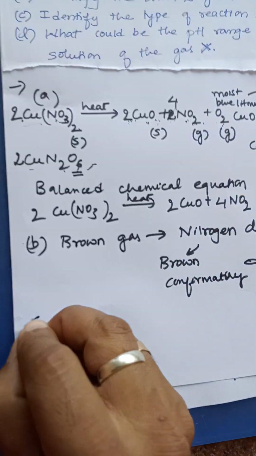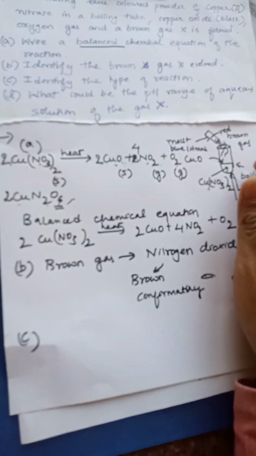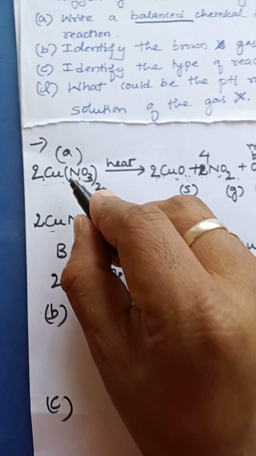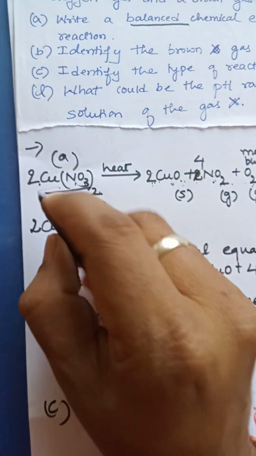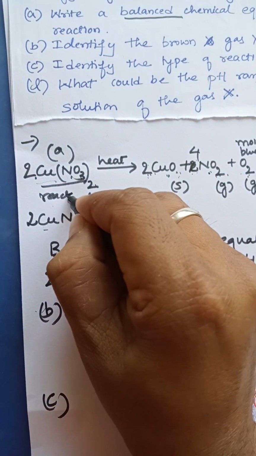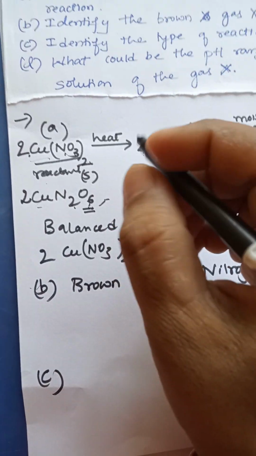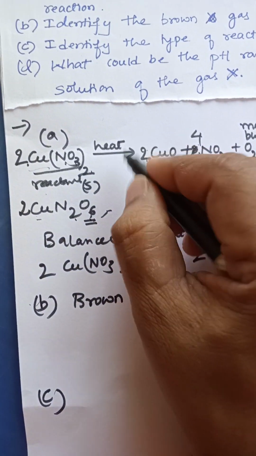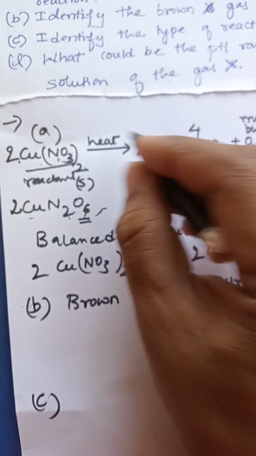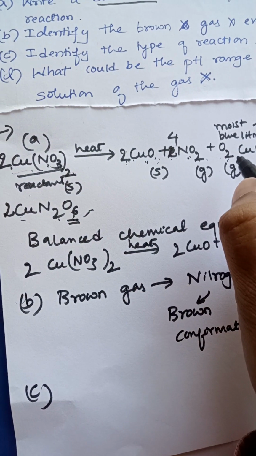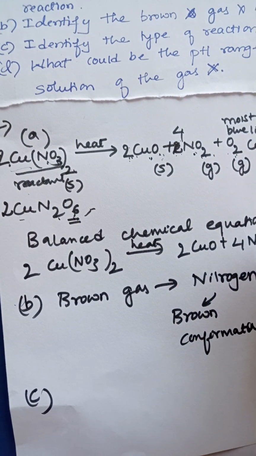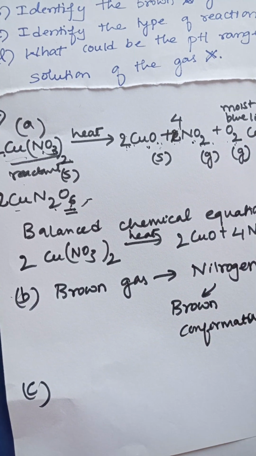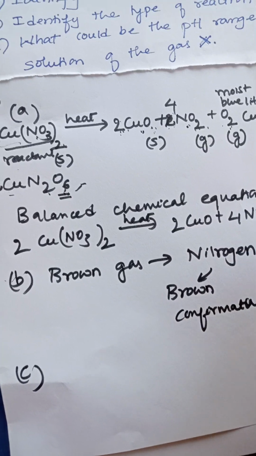Now identify the type of reaction. Let's look at the balanced chemical equation. There is only one reactant. This reactant splits itself by absorbing the heat energy. It will decompose itself by absorbing the heat energy to form three products. We know that a reaction in which a single reactant breaks to form two or more products is called decomposition reaction.